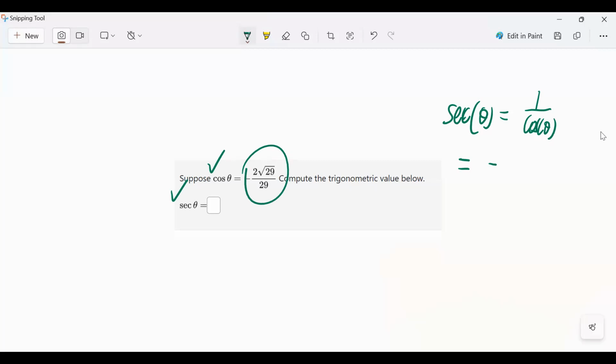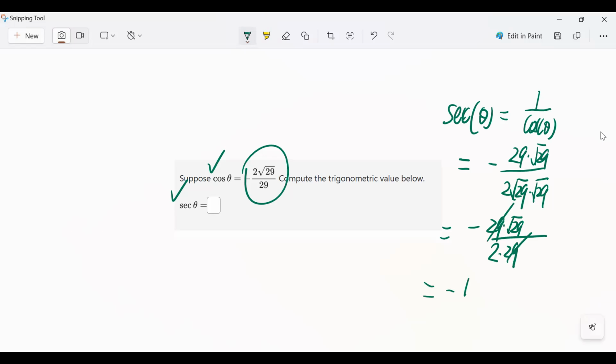So that means 29 goes on top and 2 radical 29 goes on bottom. Now here we can just multiply radical 29 from top and bottom. We get minus 29 radical 29 over 2 times 29. Now cancel 29. We get minus radical 29 over 2.